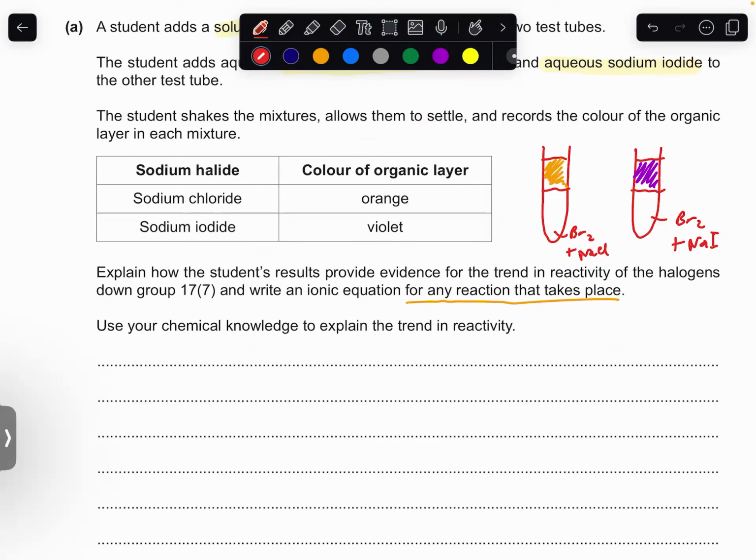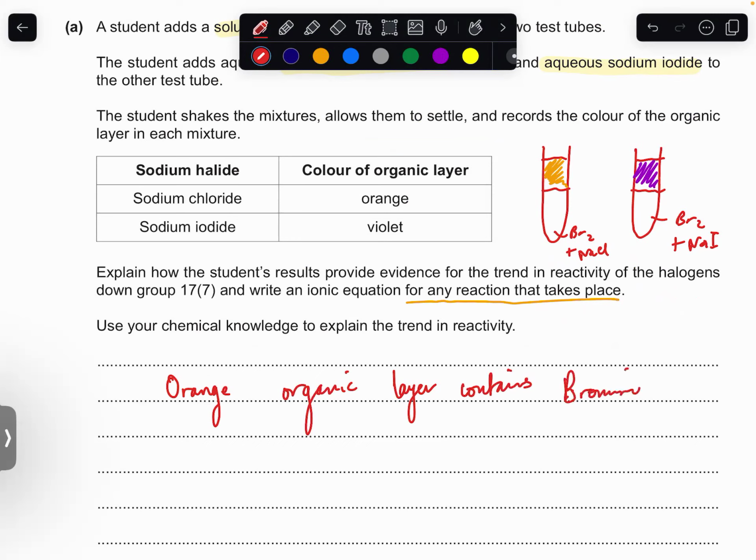Okay, you see the orange organic layer. You need to learn your colors. Orange organic layer contains bromine.